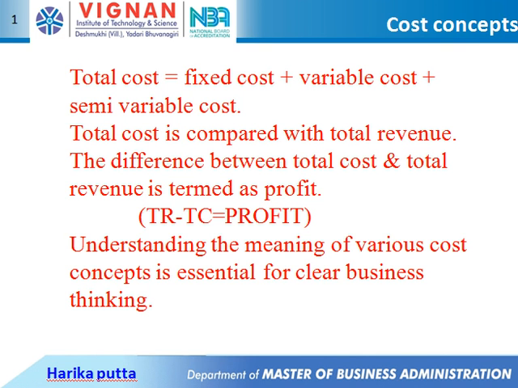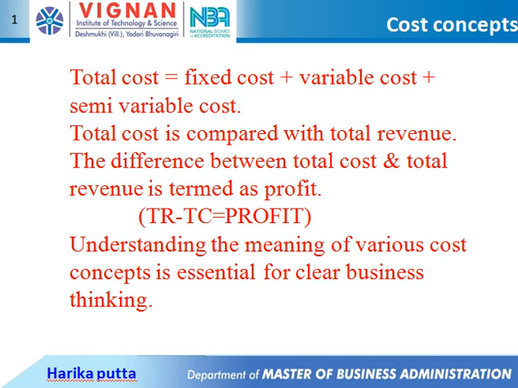So, fixed cost and variable cost. What do you mean by fixed cost? Fixed cost doesn't change with the change in output. Coming to variable cost, it will change. If you increase the output, the cost will increase; if you decrease the output, the cost will decrease. What is semi-variable?